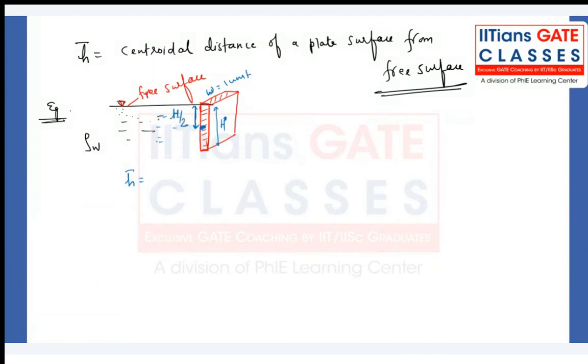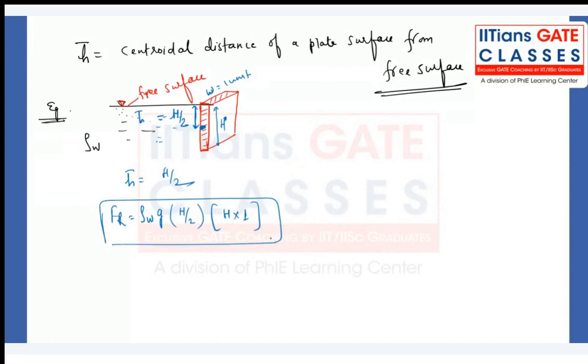This will be your h bar, right? So make a note of it. So the resultant force will be rho g, H by 2. Area will be capital H into 1. Right? Let me give one second example so that things will be more clarified.